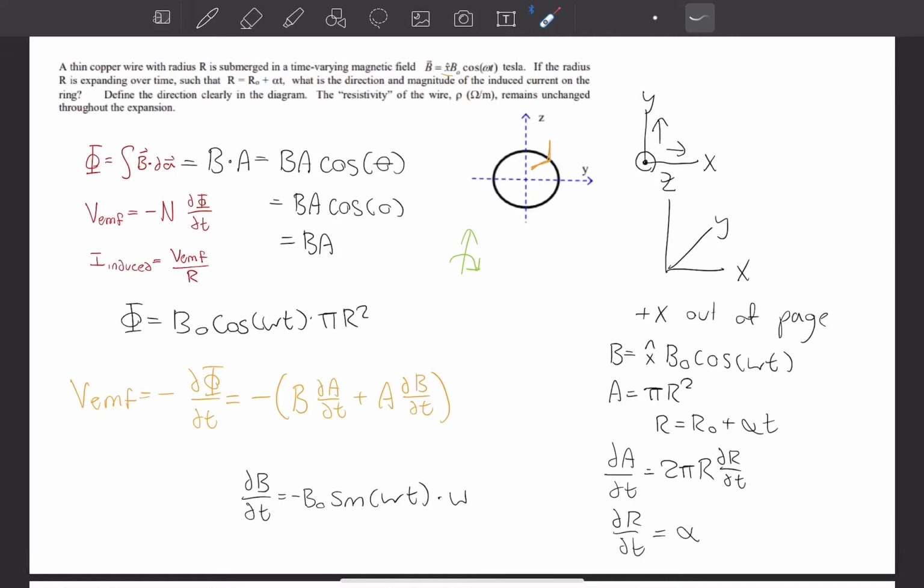The second takeaway is what Lenz's law and Faraday's law say. Faraday's law gives us the magnitude of the induced EMF, while Lenz's law tells us which direction it will go. And we always want to fight the change in flux. Whether it's an increase in flux, we want to go back to how we were. If it's a decrease in flux, we want to go back to how we were. We don't like that change.